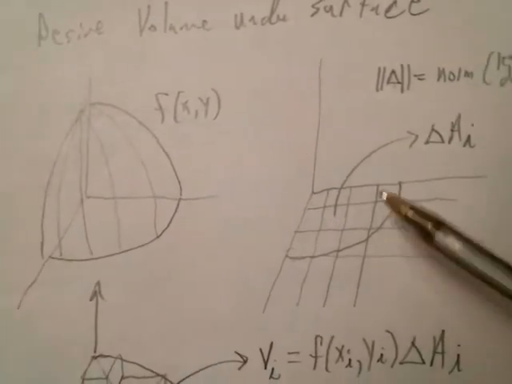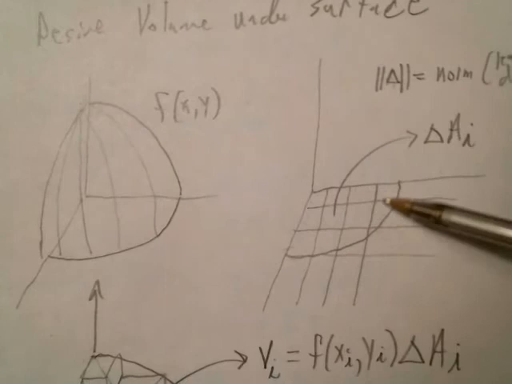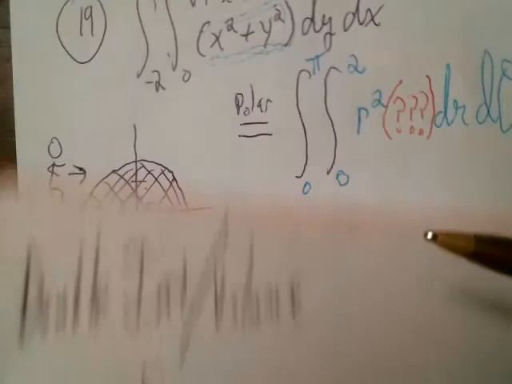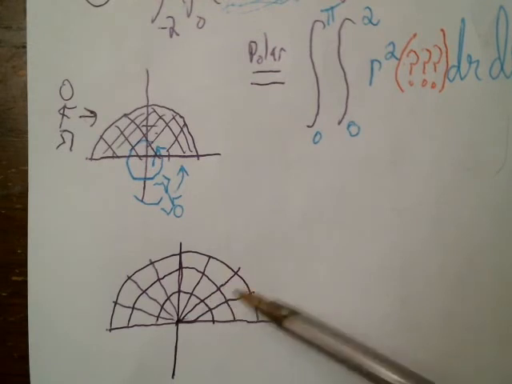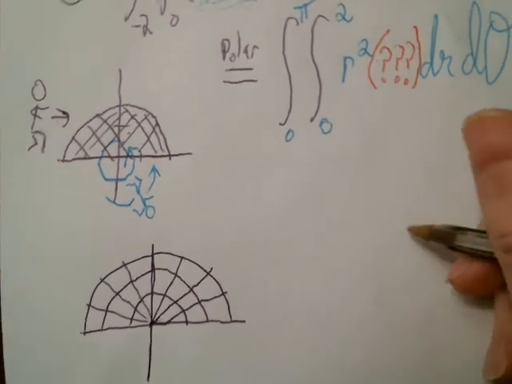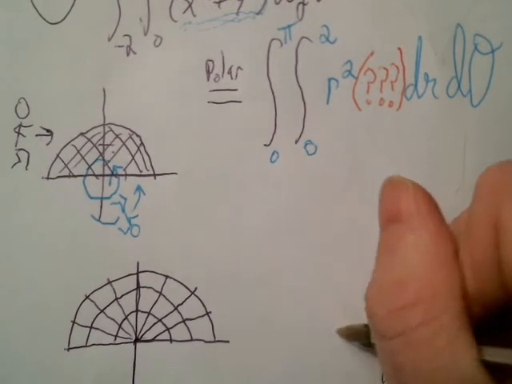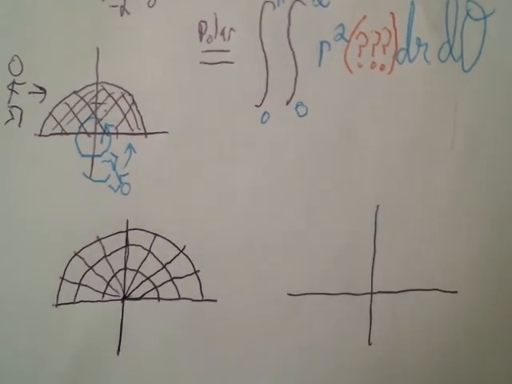We would section up the region into a bunch of rectangles. Here, when we do the same thing, we have to section up the region into a bunch of little pizza slices.